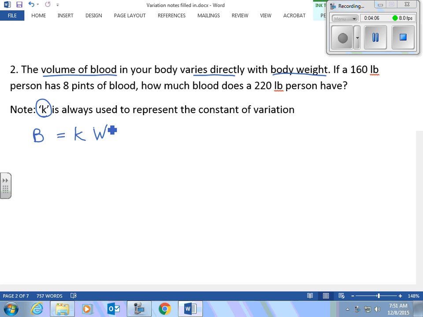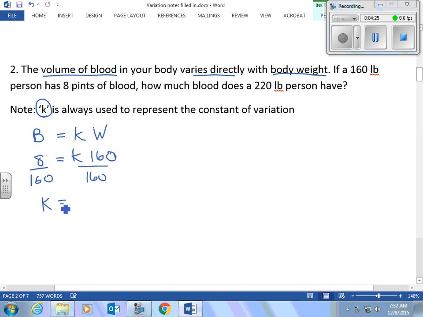So we can look at the example we have. We can say that 8 pints of blood goes with a 160-pound person. So we can now solve for K by dividing both sides by 160, and we'll see that K is 1 over 20. So there's our constant of variation.